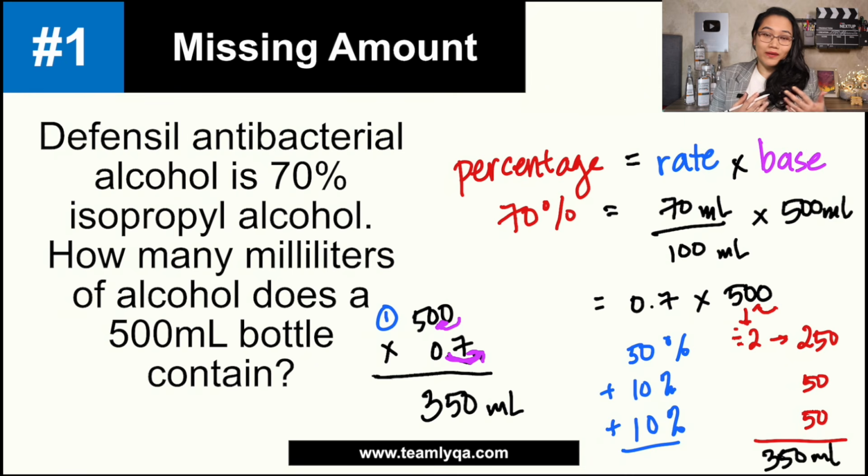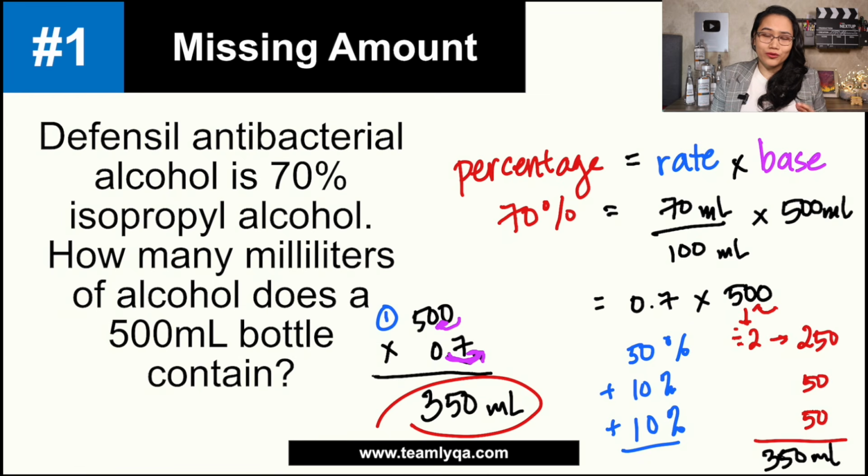Now, whether minultiply mo siya or ginamit mo yung guesstimation technique natin, which is also a speed math technique, pareho naman ang lalabas. Ang lalabas is that for a bottle of Defensil like this, sa about 500 ml, makakasigurado ka na 350 ml nito is pure alcohol. Okay? So again, that is the first way. Just straight away multiply the percentage by the base.